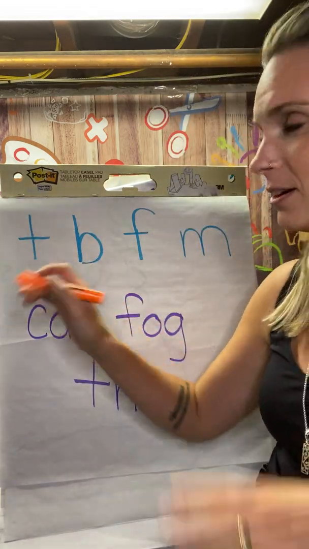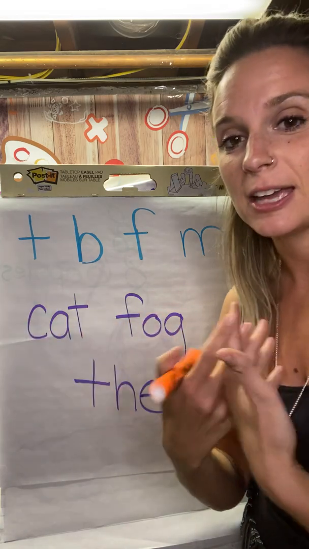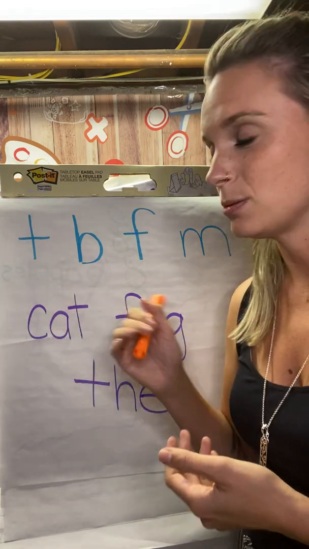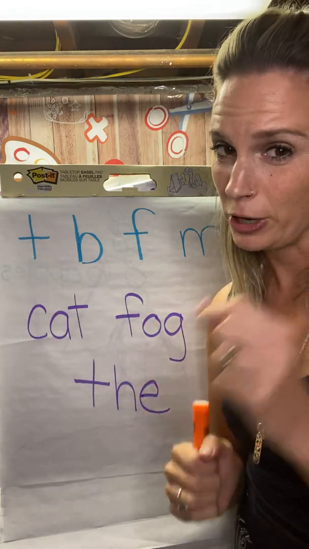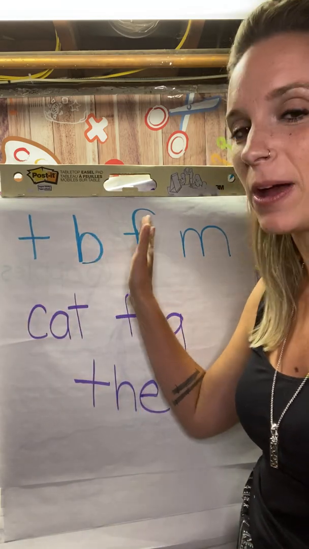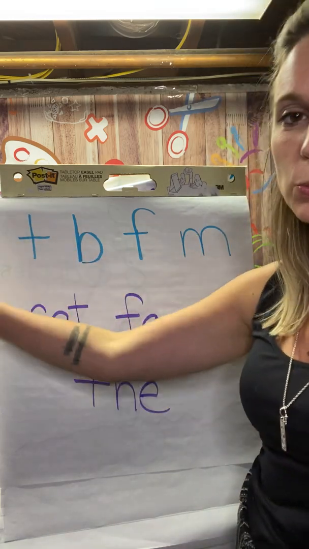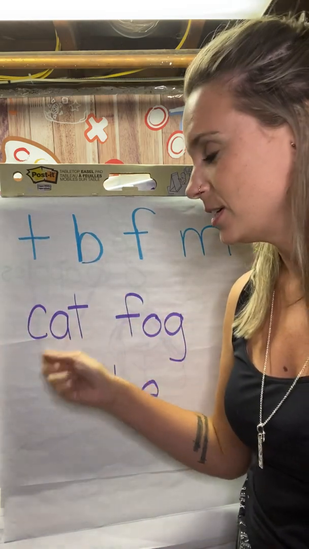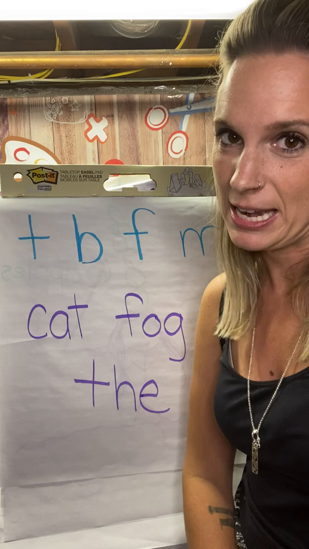If they're a letter, they're by themselves. When they come together with other letters, that's when they create a word. A little tricky, but what I want you to take away from this is that letters hang out by themselves. A group of letters comes together to create a word and have meaning.